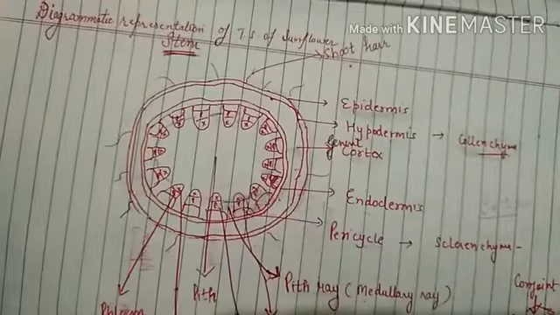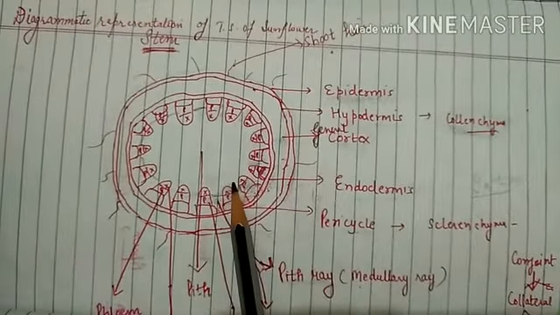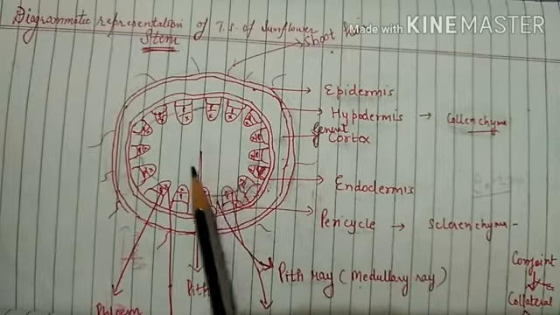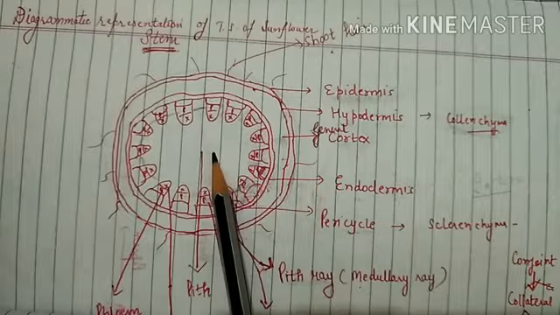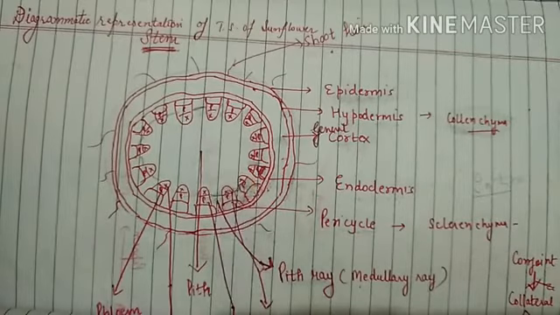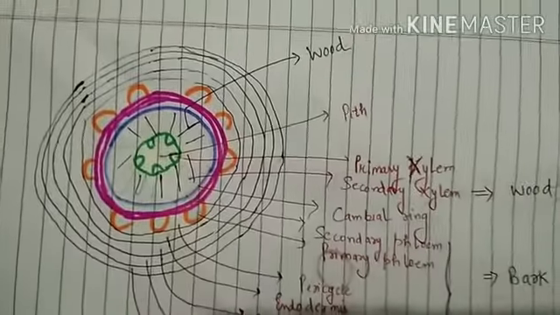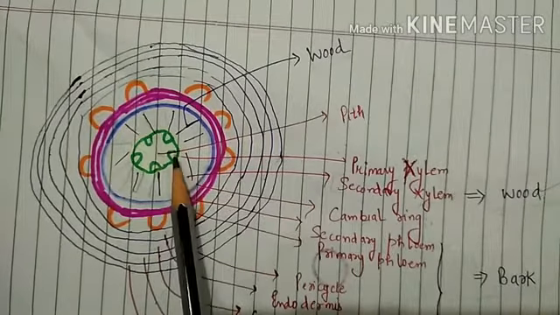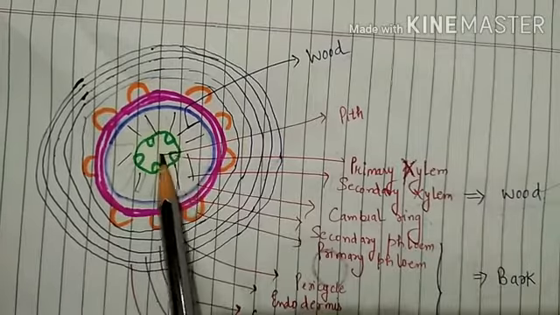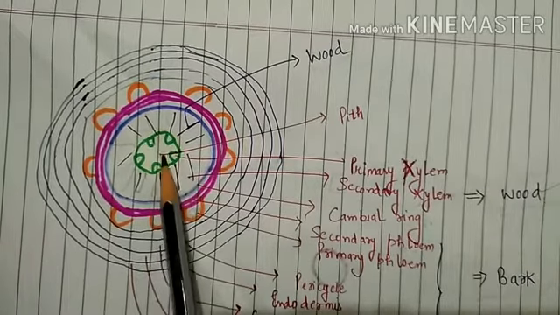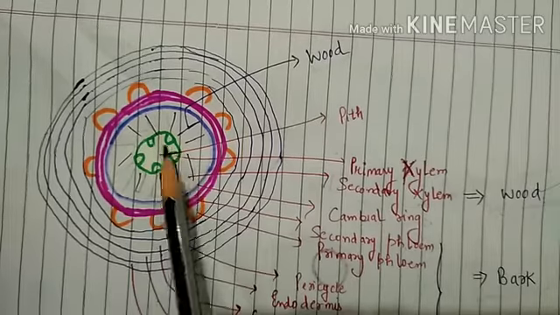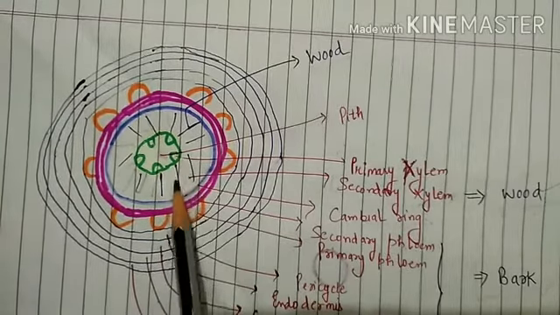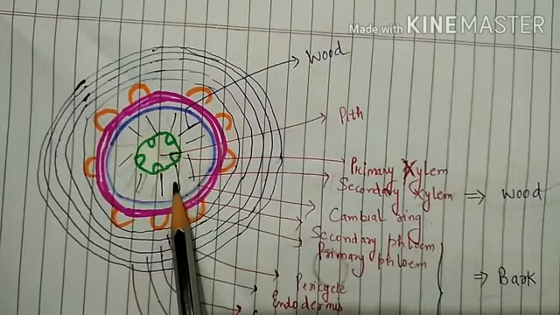As you can see here, no secondary growth has taken place in this part and the pith is very large. When secondary growth takes place after the formation of the cambial ring, the primary xylem is pushed towards the pith and the pith becomes very small, and outside the primary xylem there is the secondary xylem from the cambial ring.